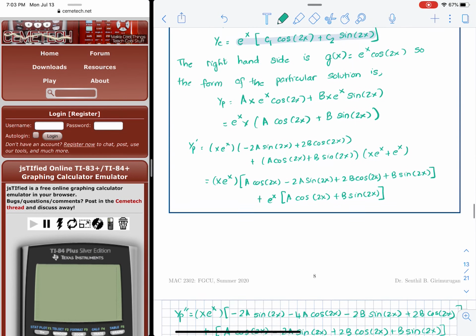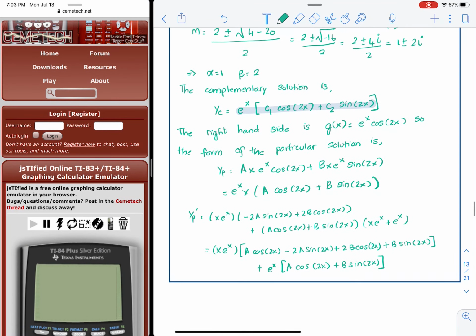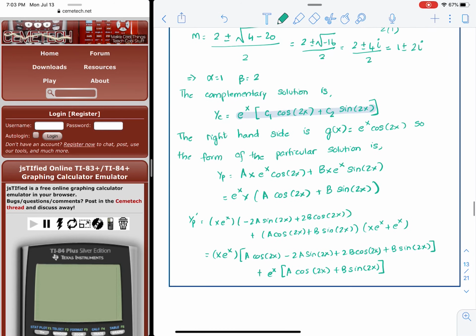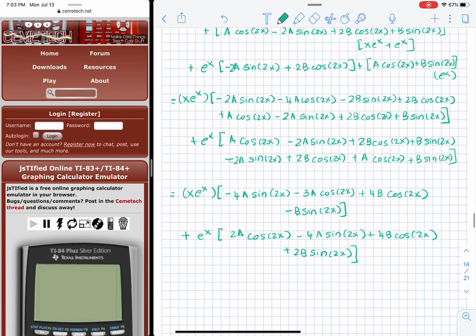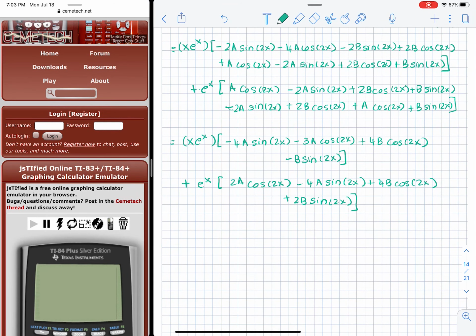So in the second derivative, we have this term over here, 2a cosine 2x.